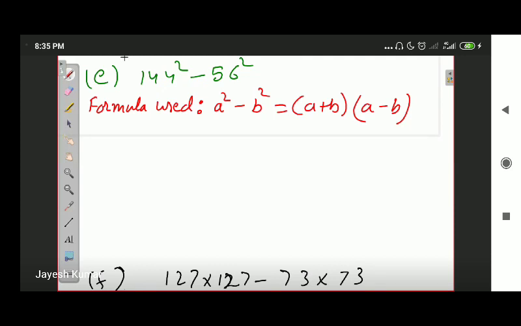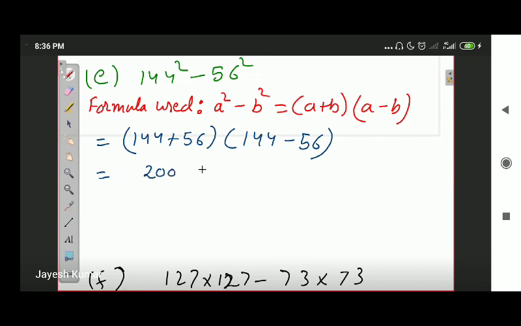In the question, 144 first time is added with 56, and second time we are subtracting 56 from 144. Now you will see easily 144 and 56 when added will result in 200, and 144 and 56 when subtracted will result in 88.